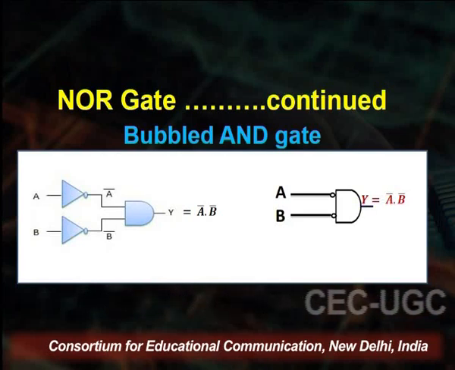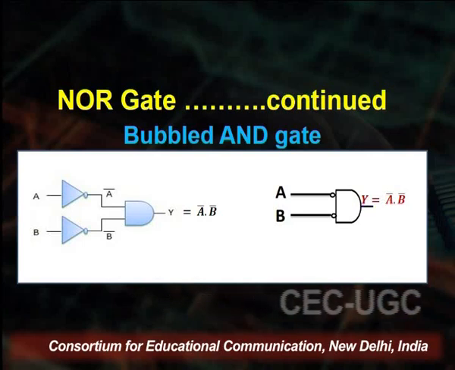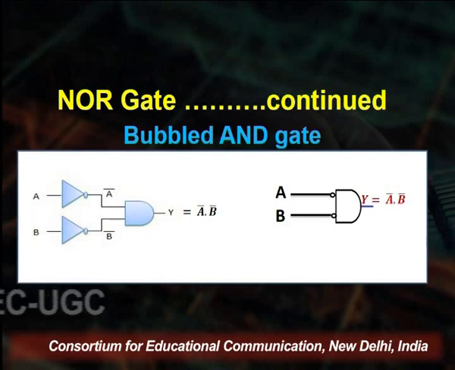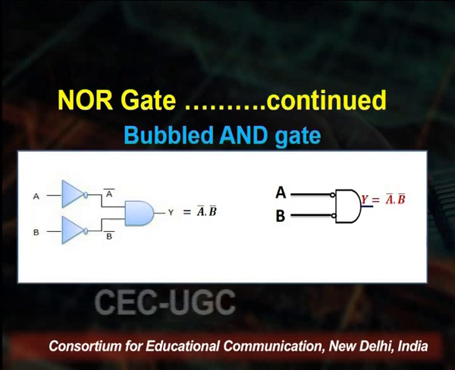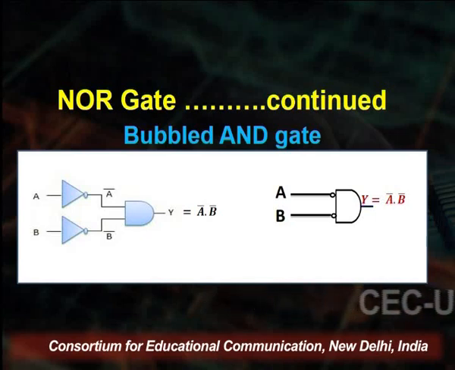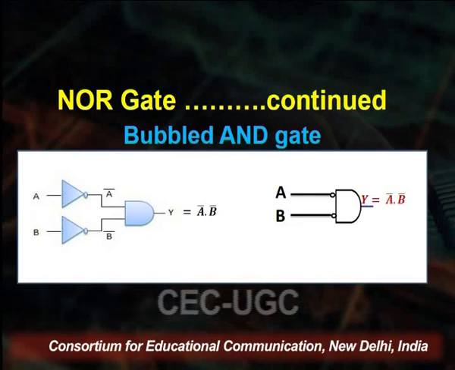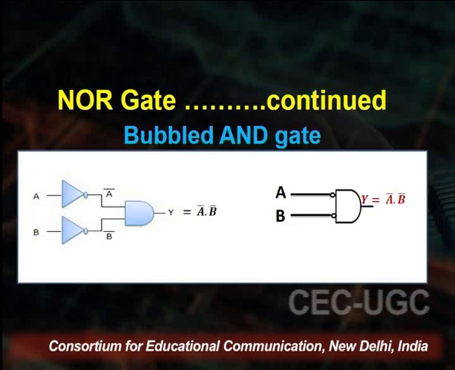Whereas, if the NOT gate is fixed before the gate, or in the inputs of the gate, then we call it bubbled gate. That is, if we have a 2 input AND gate, and if the NOT gates are fixed in its inputs, that is in this case A and B, then we call it bubbled AND gate.